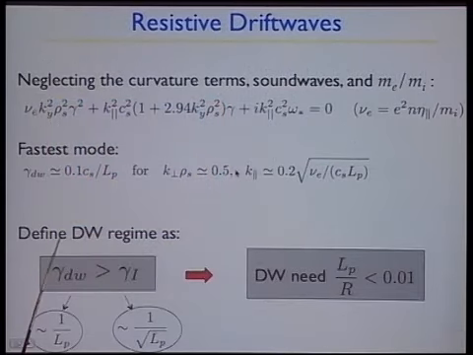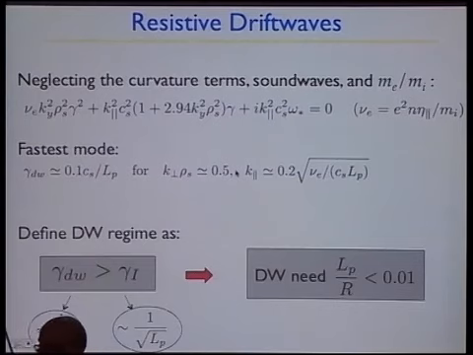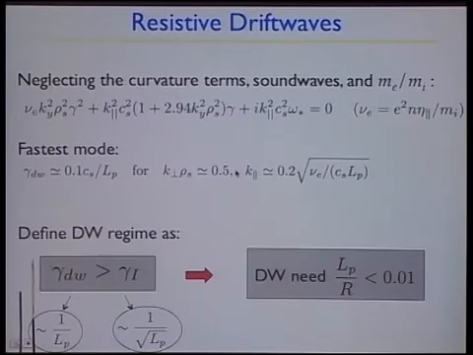Well, let me talk about the resistive drift wave. This was an instability that was thought to have an essential role in this machine. Well, the easiest way to get the essential properties of this instability is to neglect curvature in this system, sound waves, and electron inertia.